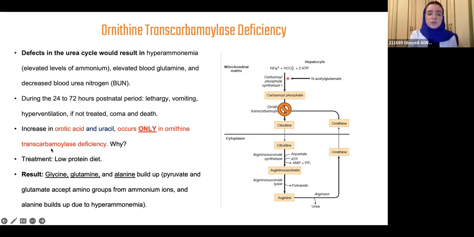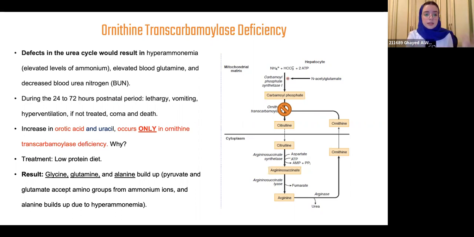Okay, and so for treatment, usually for urea cycle defects, we give a low protein diet. That's because ammonia actually comes from protein. Whenever you have a meal that's high in protein, your body is going to break down that protein into amino acids, and these amino acids are also broken down into ammonia.